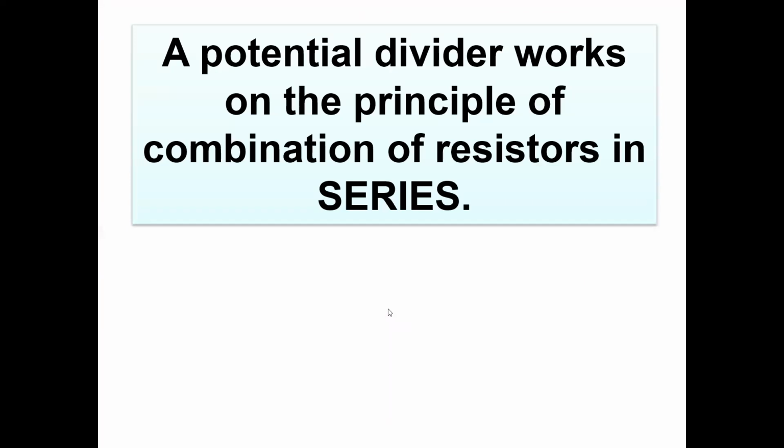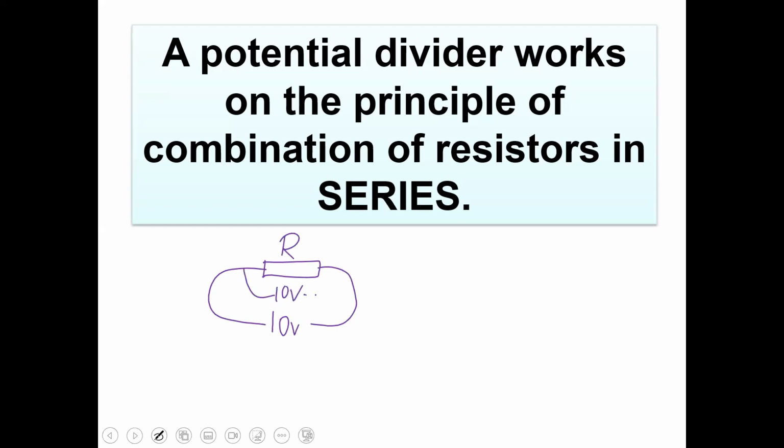A potential divider works on the principle of combination of resistors in series. This is the main thing to understand. The idea of how we can divide voltage is simple: I have a 10-volt supply and I put a resistor here. This resistor will get all the 10 volt, provided there is no loss on internal resistance.